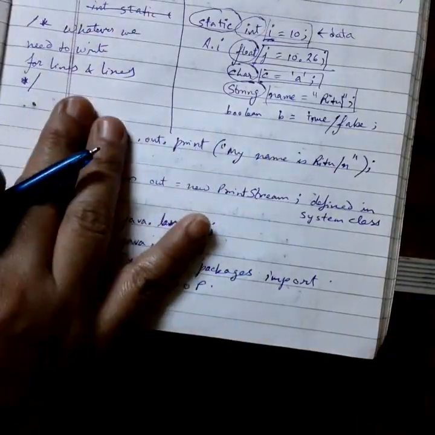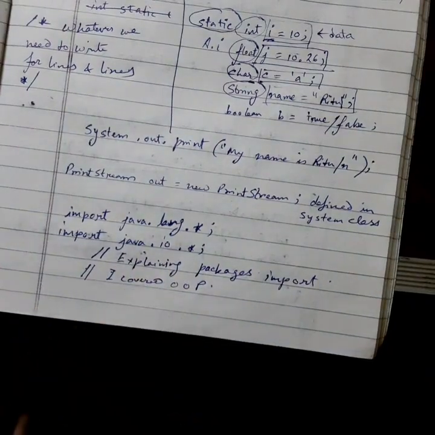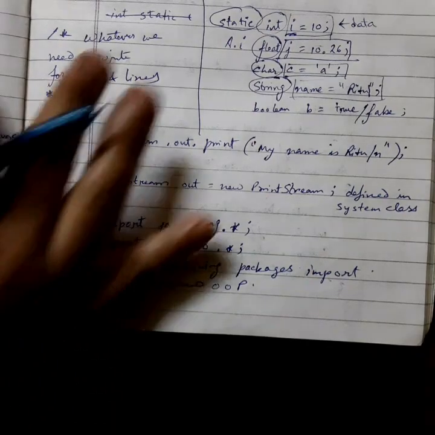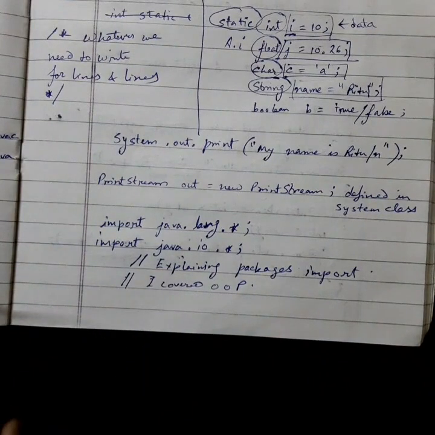And these comments are never processed by the compiler of the JDK software that you install, that has got the compiler. Why? Because they're comments, there is nothing to process. The compiler simply overlooks them.